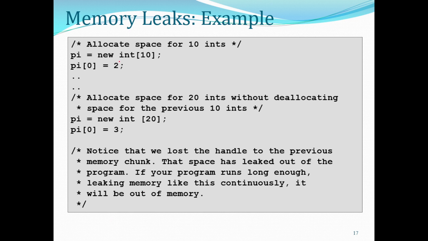Same thing is going on here. We are asking for a 10 integer chunk. I have this chunk, and my pointer is pointing to it first. Before removing it, when I ask for a new place, it's not extending that chunk.